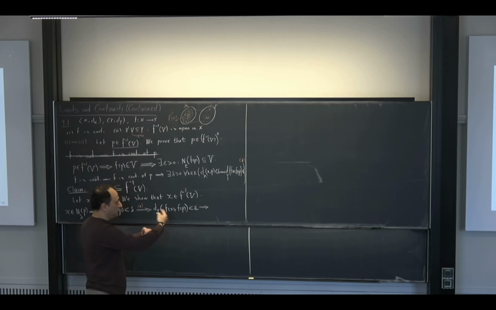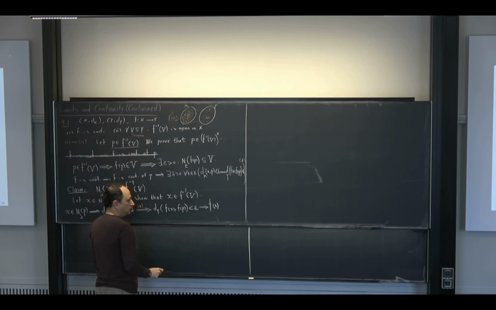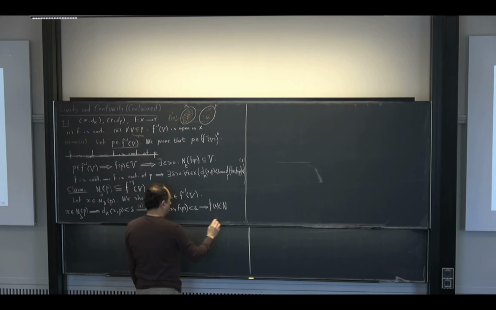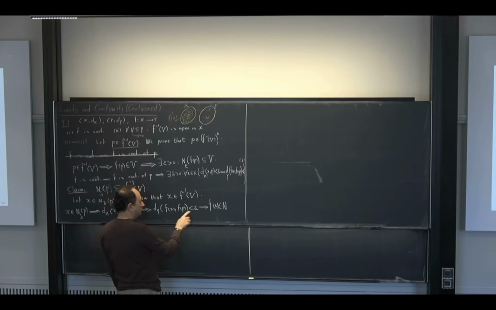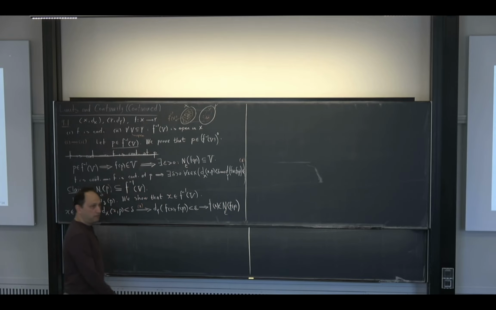Write it in the language of neighborhoods. What should I write? The distance between f of x and f of p is less than epsilon. So f of x belongs to a neighborhood. Which neighborhood is that? Neighborhood of radius epsilon, center f of p. Do you agree?